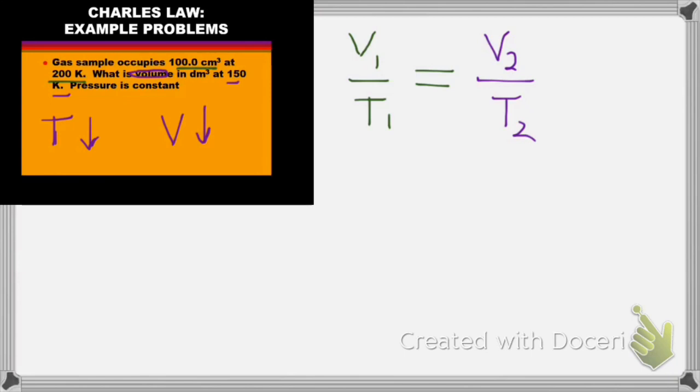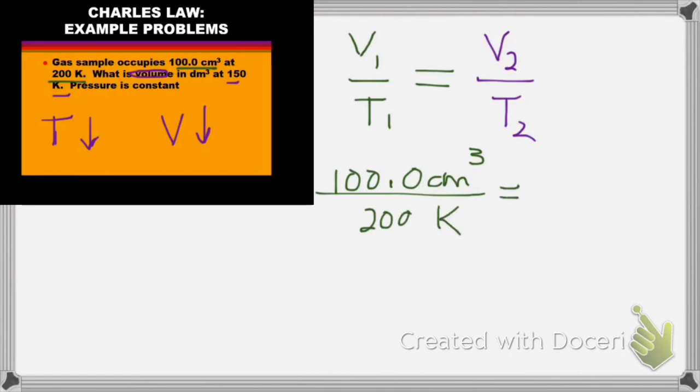Right, so let's plug our values in. So V1 is 100 centimeters cubed. T1 is 200 Kelvin. Remember that bottom temperature unit must be in Kelvin or the equation is not true.